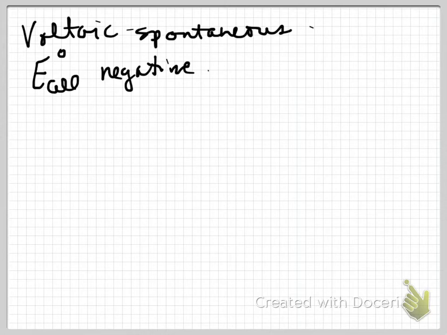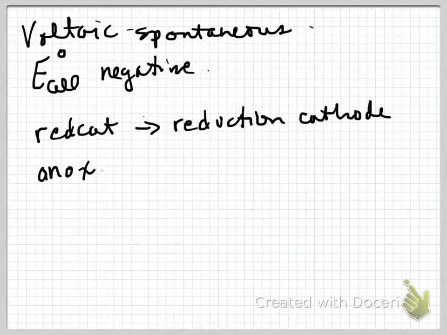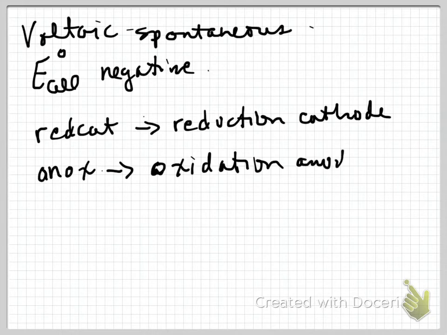The thing that I remember about voltaic cells which helps me is I remember red cat and an ox. This reminds me that reduction happens at the cathode, and that is true for even an electrolytic cell. An ox, oxidation happens at the anode.